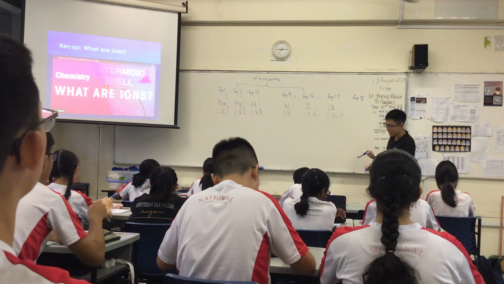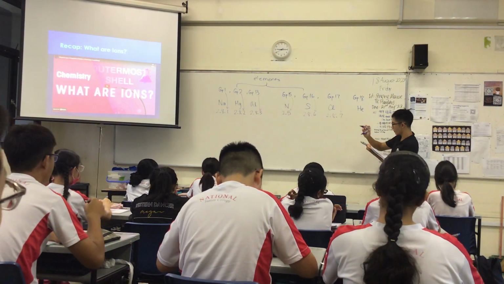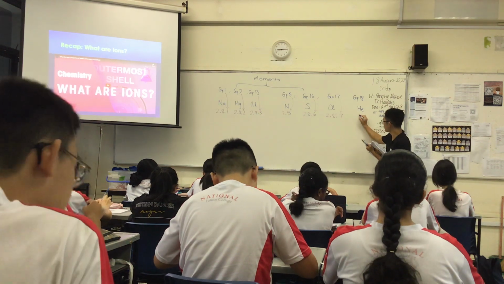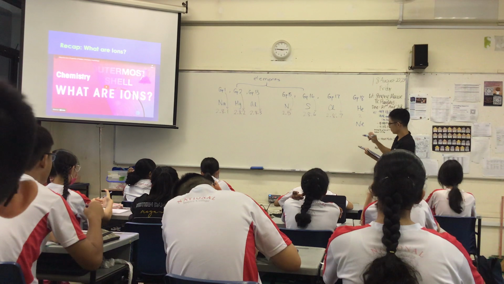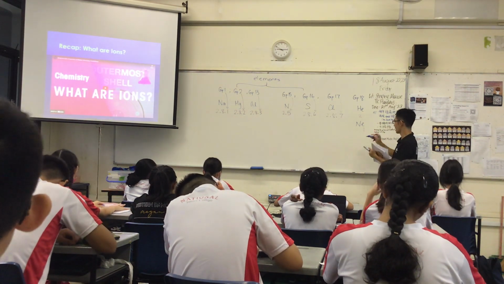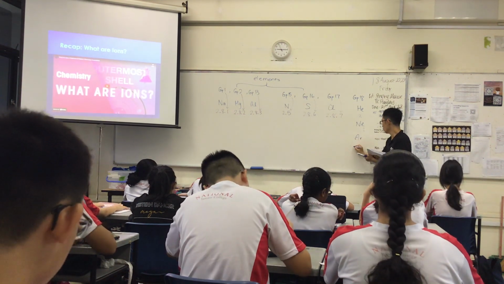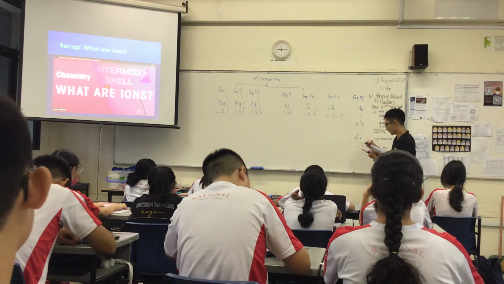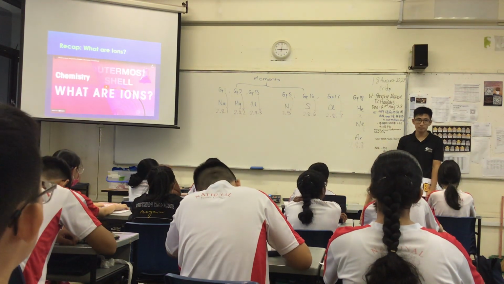If you look at group 18, let's look at helium. What is helium's electronic configuration? Yeah, just a simple 2. What is neon's electronic configuration? 2, 8. Argon? 2, 8, and an 8. Yeah, all complete, right? If you look at their shells.